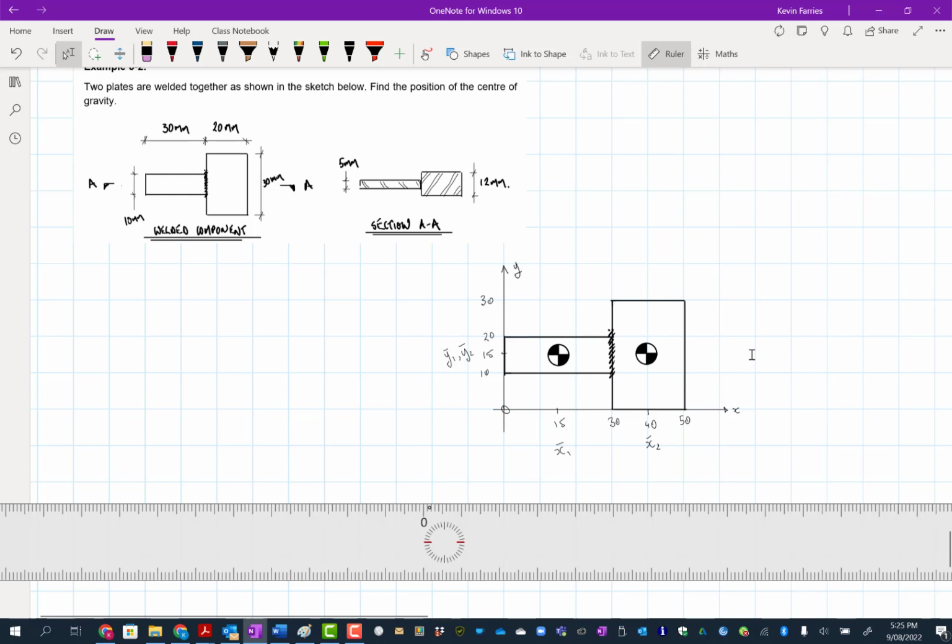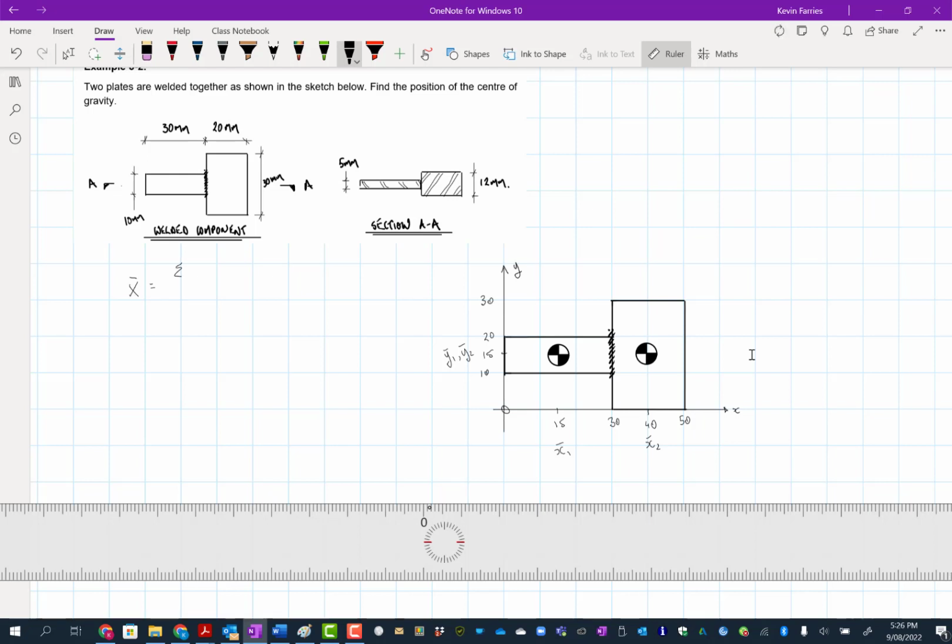So we've got those. You remember the formula we're going to use is for the position of the centroid. We'll call it capital X bar for the position of the centroid of the whole shape.